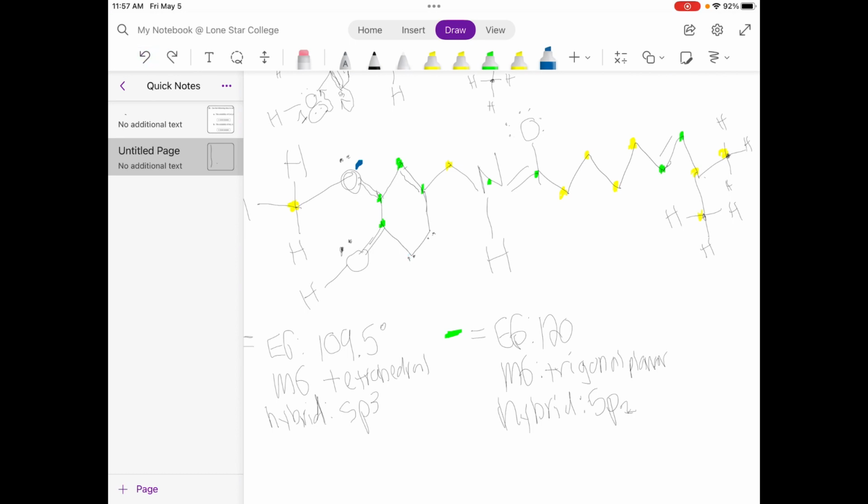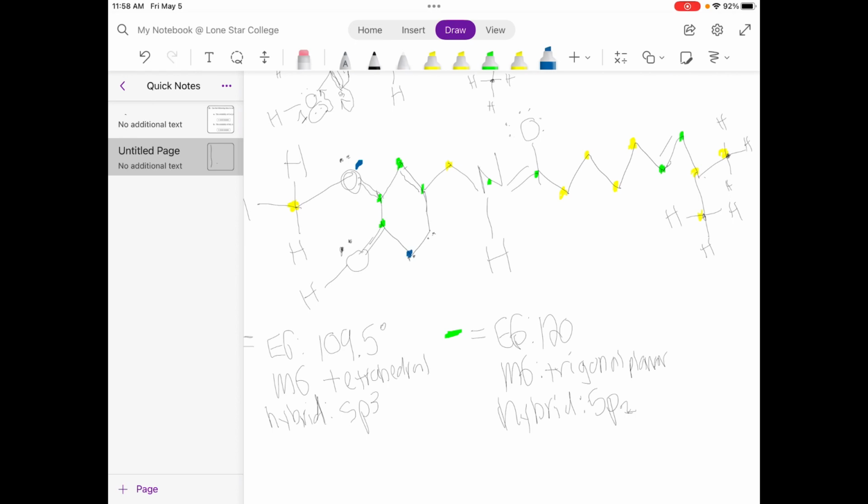This is not bent or angular. Okay, let me look at it like this. There is an invisible hydrogen on this one right here. 2 shared atoms, so that makes it 3, and 1 lone pair. So that's trigonal pyramid, because 3 shared atoms, 1 lone pair. Sorry about that.